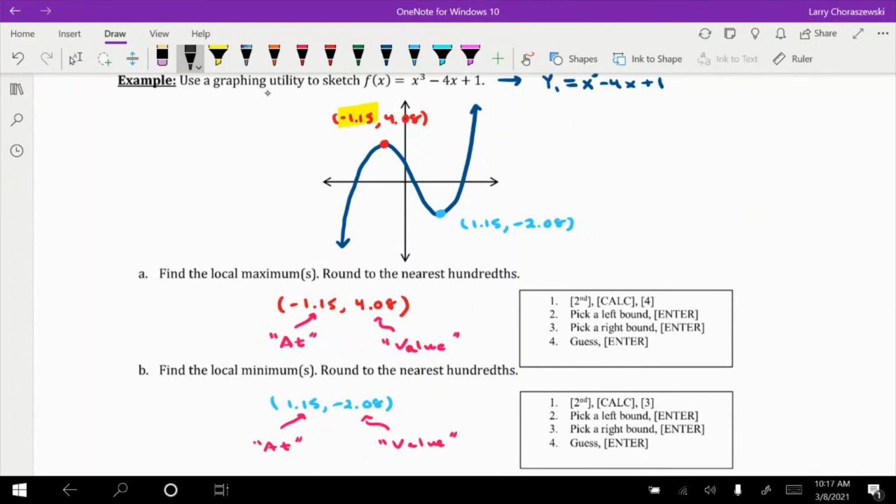So right underneath this point, I'll put a tick mark and write negative 1.15. Our local minimum has an x-coordinate of positive 1.15. So I'm going to go up to the x-axis, put a tick mark there, and write down positive 1.15.